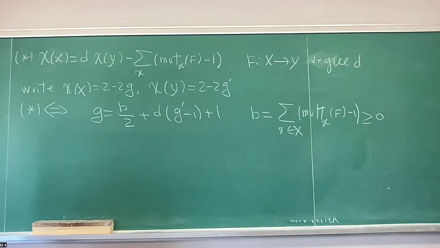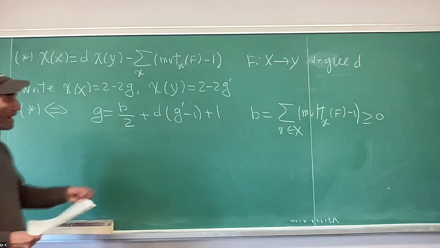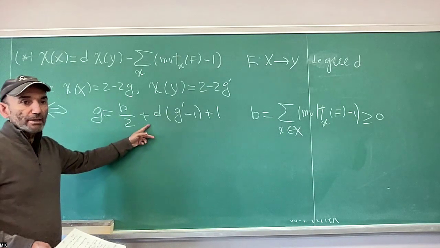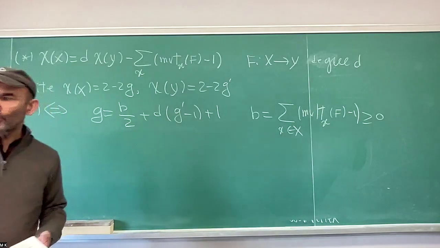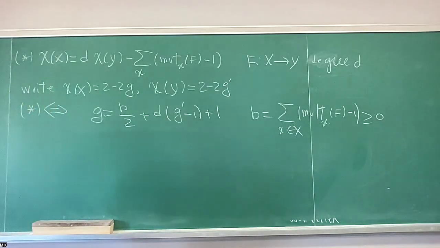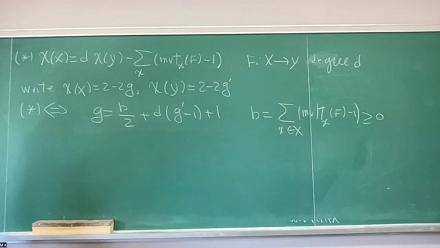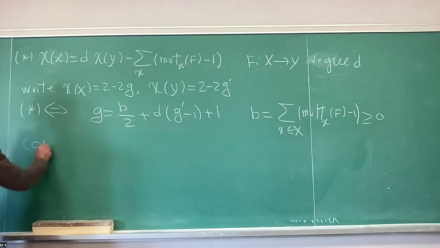Okay, so if you look at it, then you get first a beautiful conclusion, namely, you cannot have a holomorphic map into a Riemann surface that has a higher genus. So the first corollary is the following.